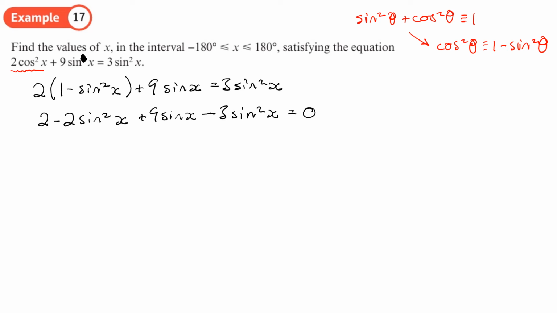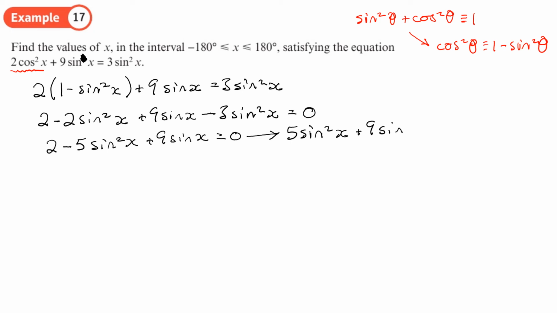So that will give me 2 minus 5 sine squared x plus 9 sine x equals 0. Let's multiply everything by negative 1. So we get 5 sine squared x plus 9 sine x minus 9, because we're multiplying everything by negative 1, minus 2 equals 0.